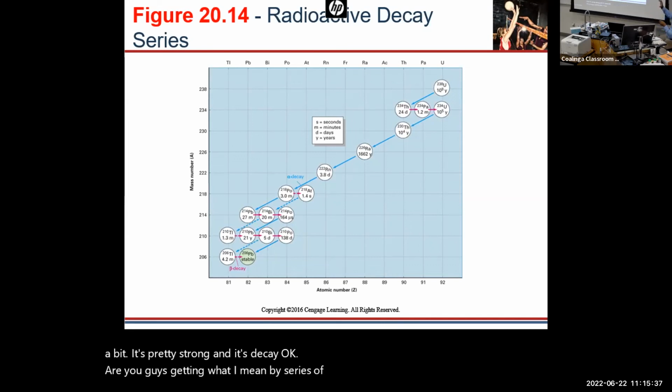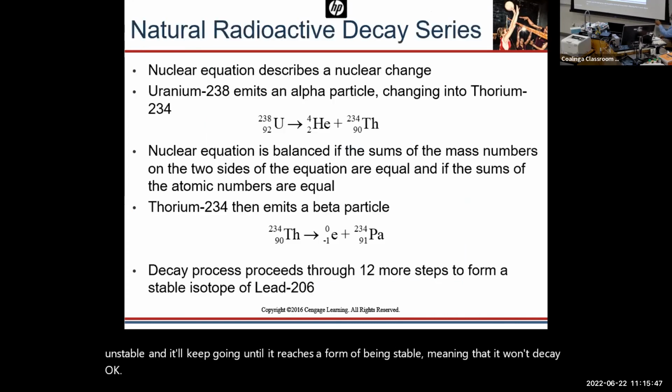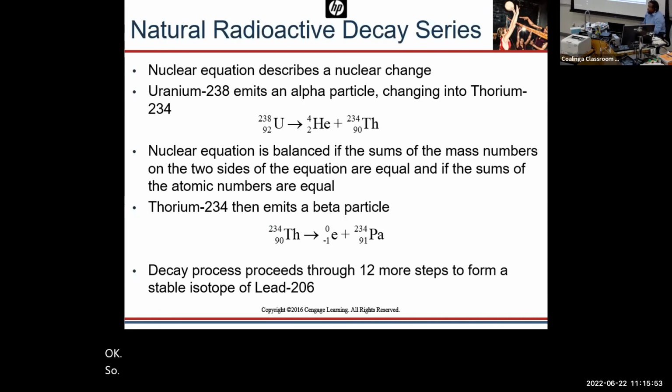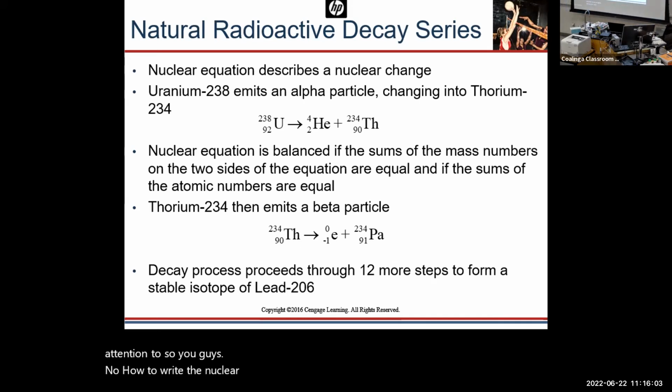So you'll start off at one element that's unstable, and it will keep going until it reaches a form of being stable, meaning that it won't decay. Okay, so here's an example of a nuclear equation. And this is the thing that I want you guys to pay attention to. So you guys know how to write the nuclear symbols, right? So in this case, we have uranium.